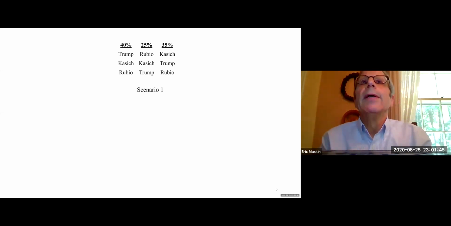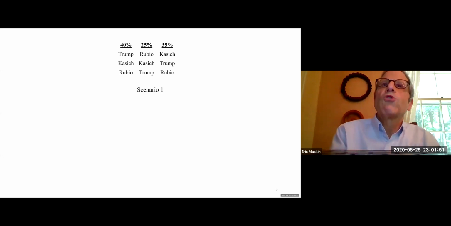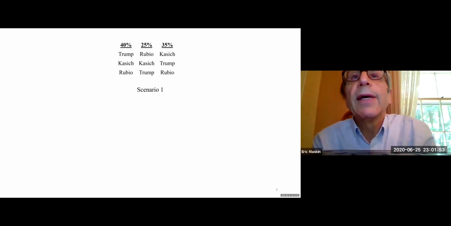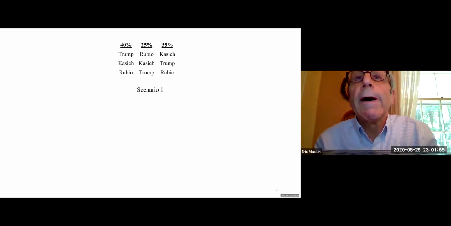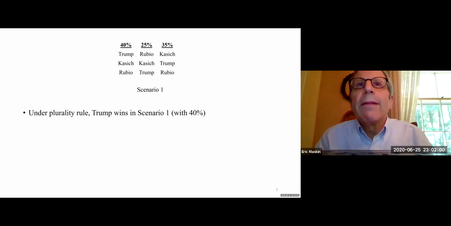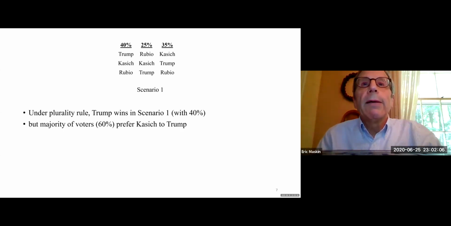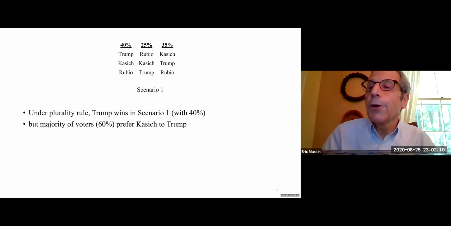So this is the same scenario that we were talking about in lecture 1, Trump, Rubio, Kasich election, in which if we were using plurality rule, Trump would win because he has 40% of the votes, but a majority of voters actually prefer Kasich.